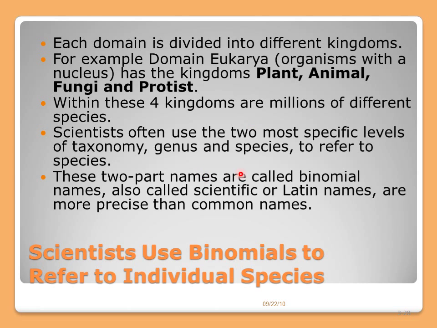We write them in Latin so that no matter what country you're in, you would say the scientific name of these species the same way no matter where you are, and it cuts down on confusion. Because no matter where you go, you know that you're talking about the same plant or animal or bacteria.